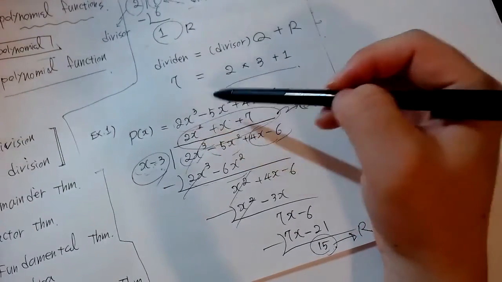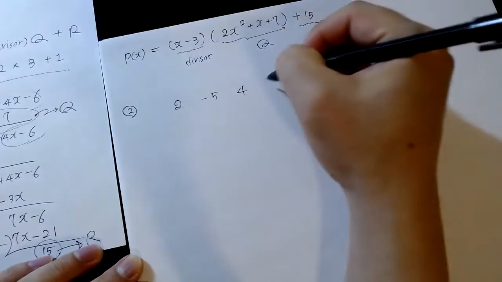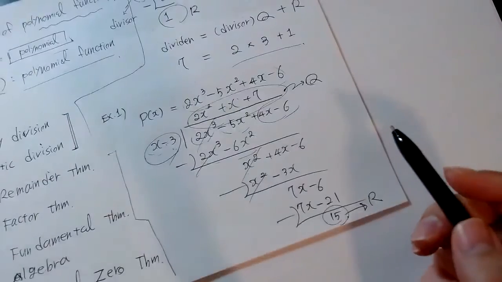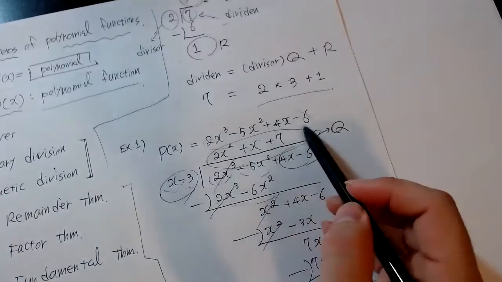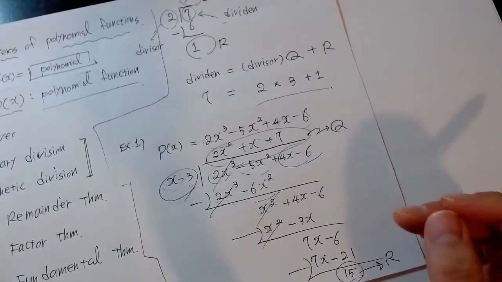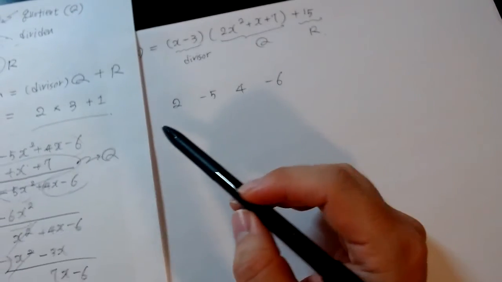In this case, 2, -5, 4, and -6. I'm going to divide p of x by x minus 3 using not ordinary division but synthetic division. So I just write down the coefficients of the polynomial.